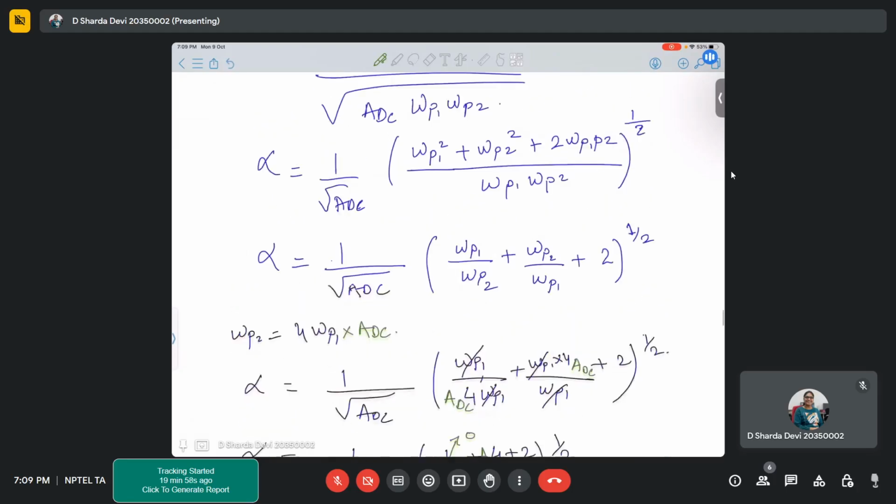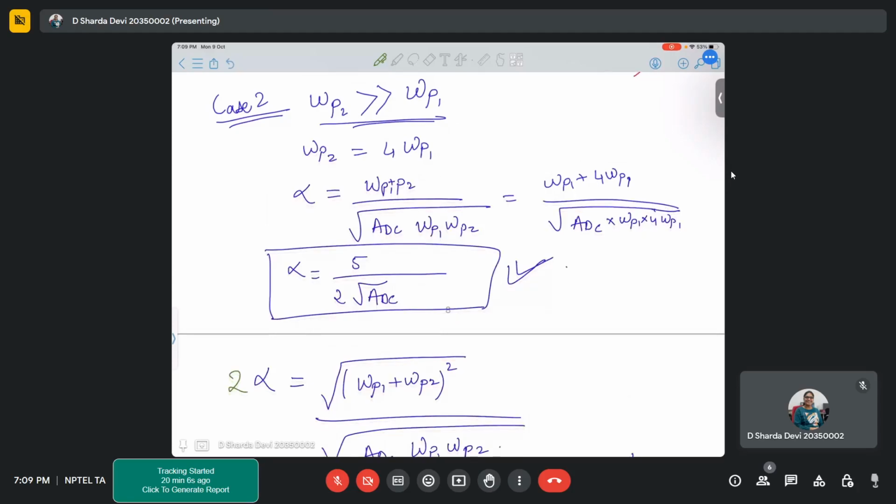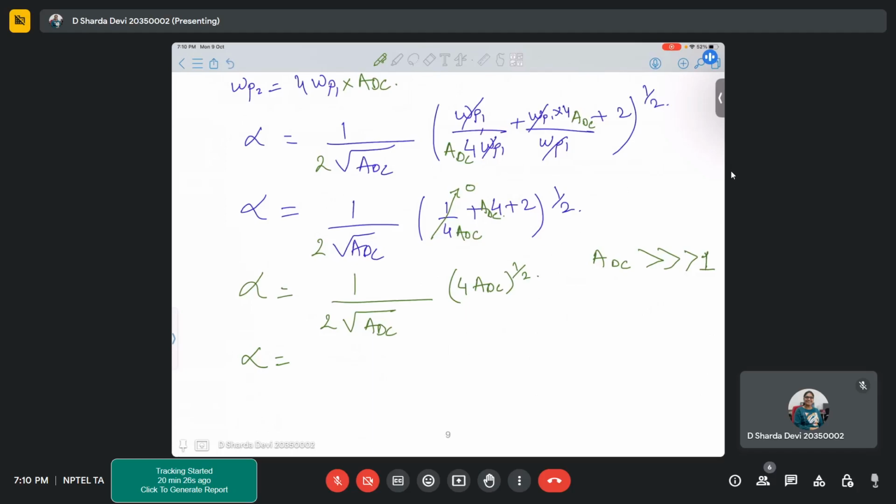So this was 2 alpha, right? All these values are 2 alpha. This is also 2 alpha, which is omega p1 plus p2. So this factor of 2 will also come here. This was 4 by 5 root under ADC for this. This is 2 alpha, so here you will have a factor of 2. And here we are getting 2 root ADC by 2 root ADC, which ultimately gives your alpha as 1.